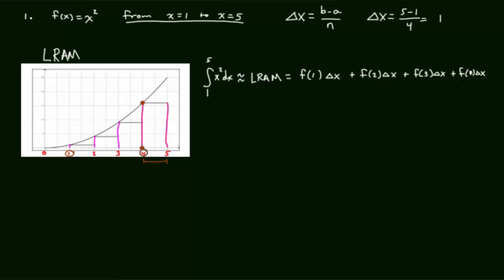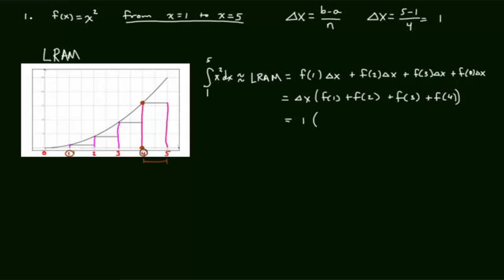Next, since change in x is constant, I'll pull out the change in x, which leaves me with f of 1 plus f of 2 plus f of 3 plus f of 4. It is at this point I will plug in what I know change in x to be, 1.